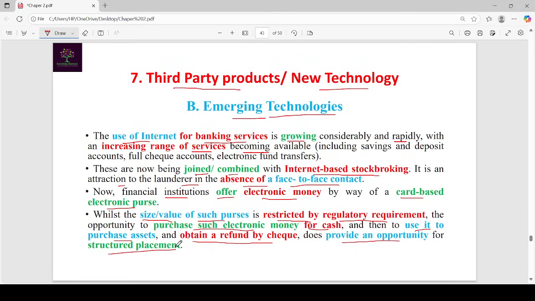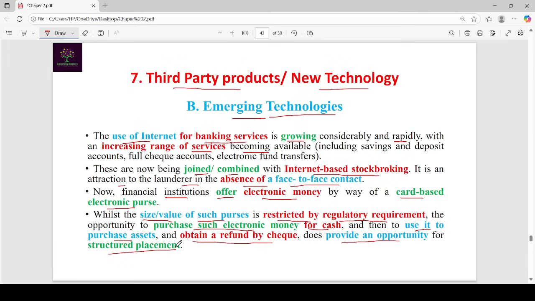So how do these money launderers, criminals or terrorists use these electronic wallets? They add funds to the electronic purses or wallets. After that they purchase assets. Immediately they return those assets, cancel the orders, and request a refund. Refunds are made by checks, and those checks are deposited into their accounts.